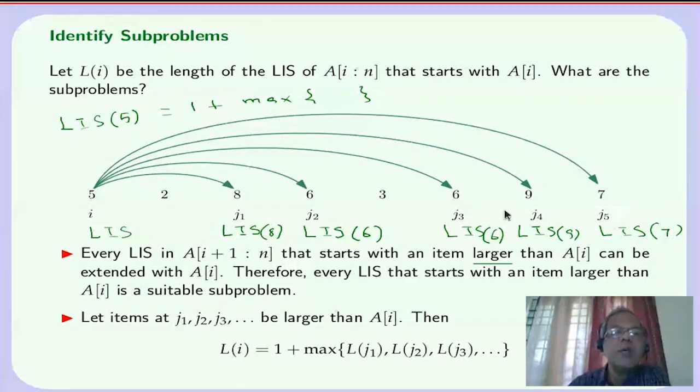There are a number of items, but only J1, J2, J3, J4, J5, the items at these indices, are larger than the item at A[i]. Therefore, I can write the length of the LIS that starts with i is: consider the length of the LIS that starts at J1, the length of the LIS starting at J2, the length of the LIS starting at J3, and so on. Take the maximum and add 1. Why add 1? Because we have to add the element i itself.